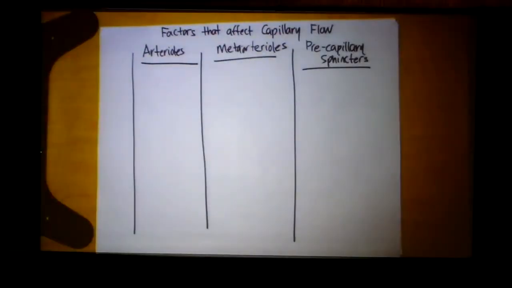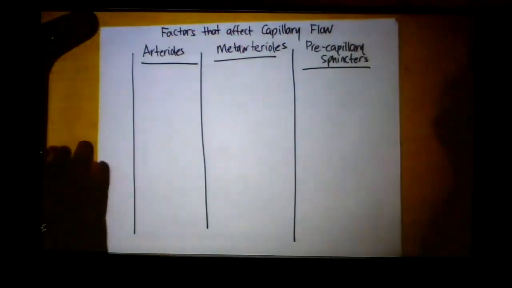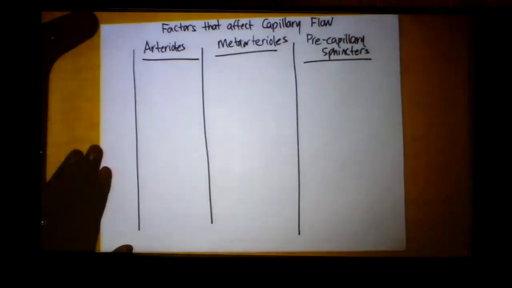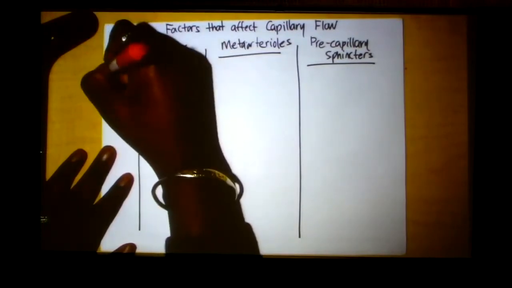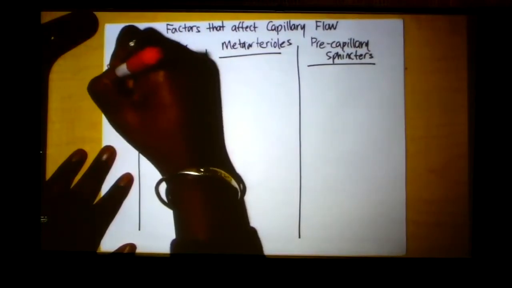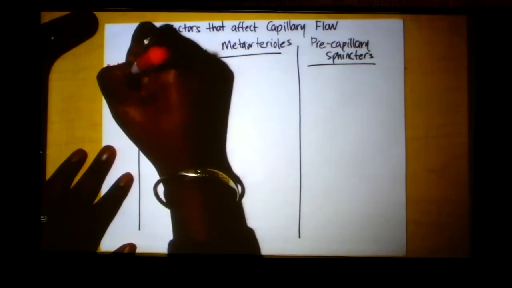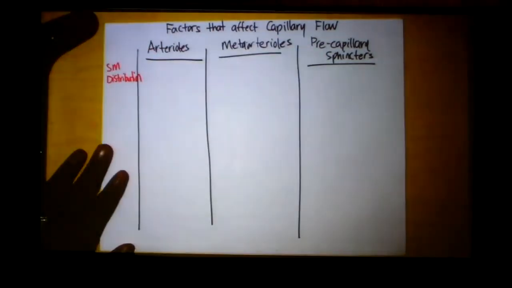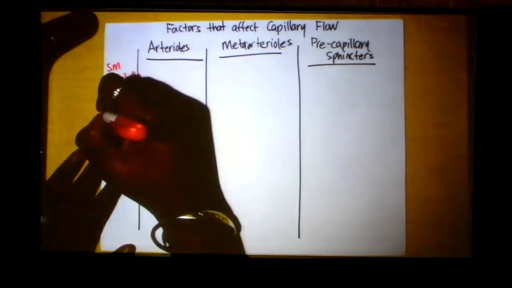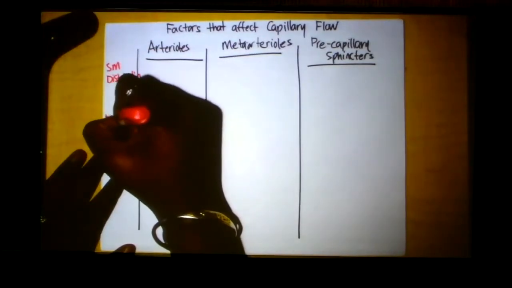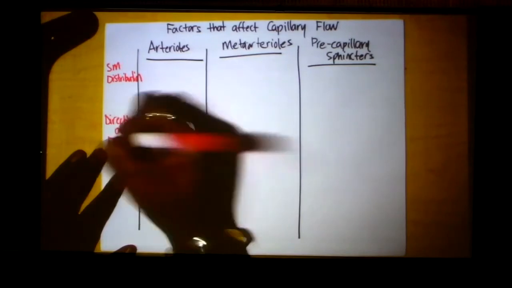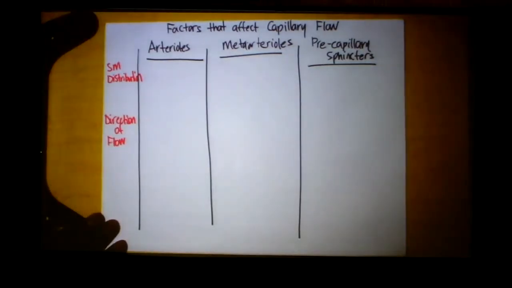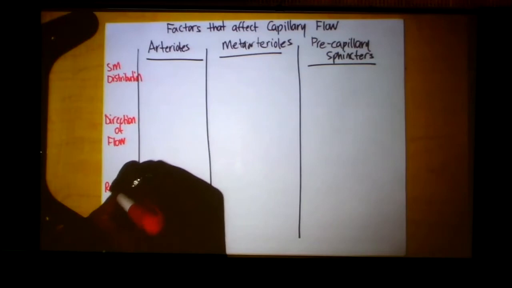We're going to speak about these on three different premises. First, the smooth muscle distribution. Then the direction of flow. And then their regulation.